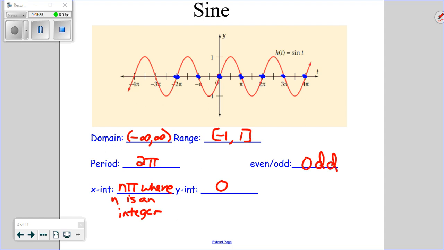That would cover the positives and the negatives. Another way you could say that is we could start with 0, our y-intercept, plus or minus n pi, where n is an integer, because again, it repeats every 1 pi. Just a different way to do it.